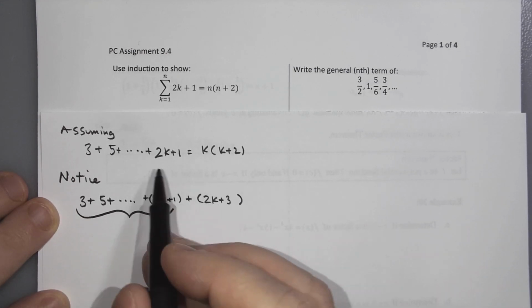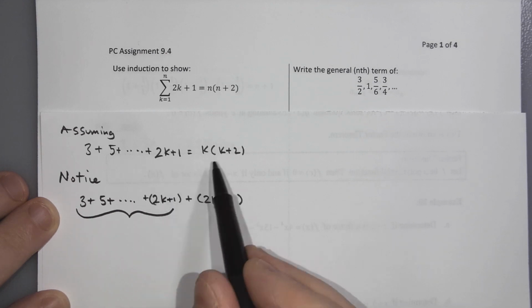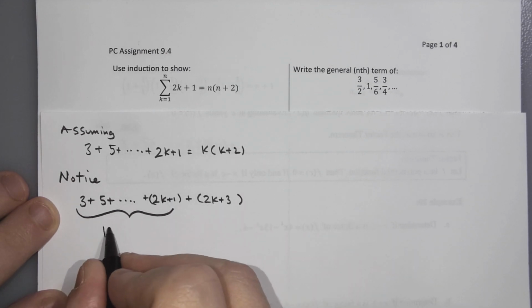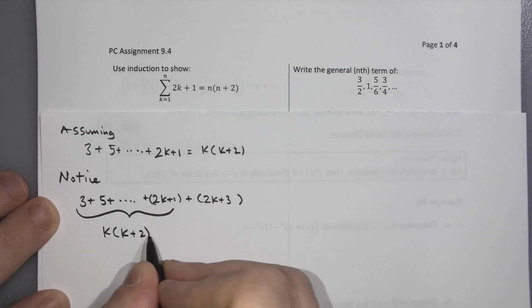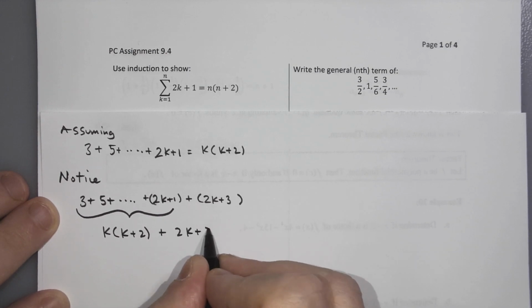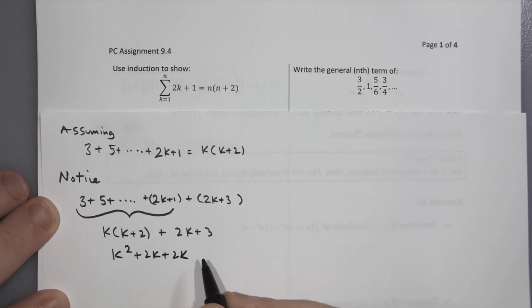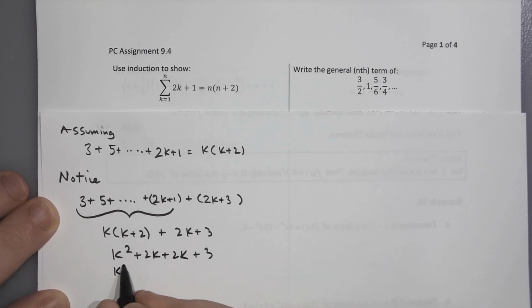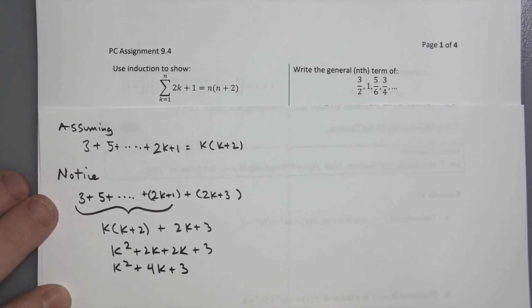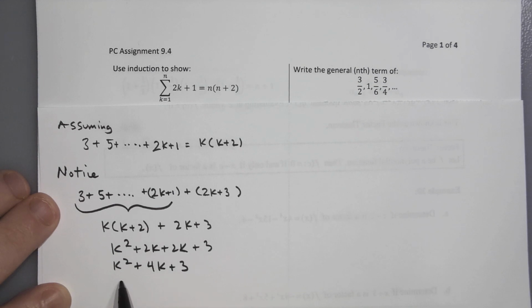But by the induction hypothesis, since we assumed that these ones added up to k times k plus 2, we can say this is k times k plus 2 plus 2k plus 3. That's a k squared plus a 2k plus a 2k plus a 3. In other words, it's a k squared plus a 4k plus a 3. And can anybody at home factor that for me? Doesn't that become k plus 1 times k plus 3?